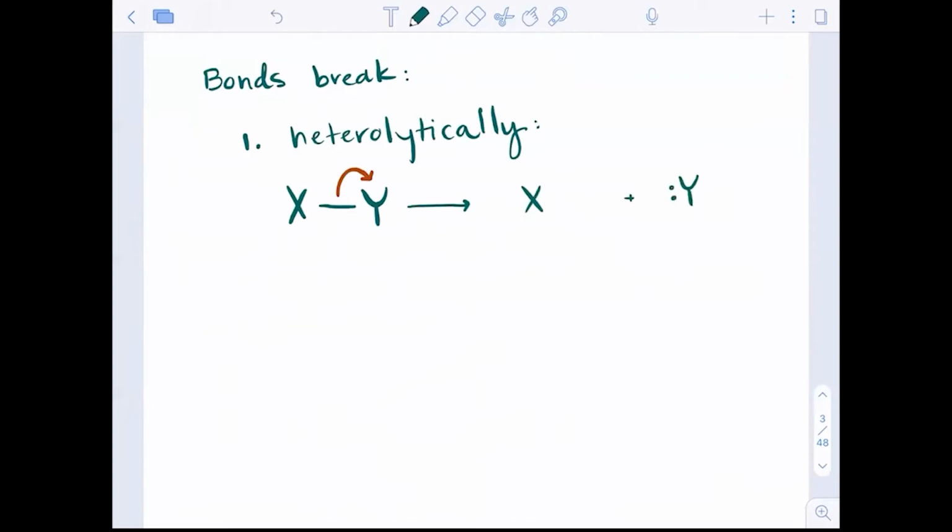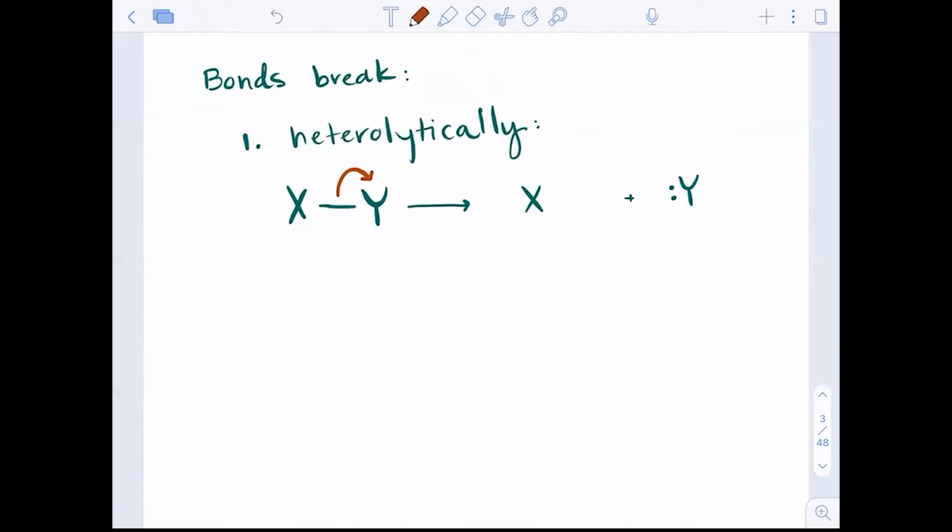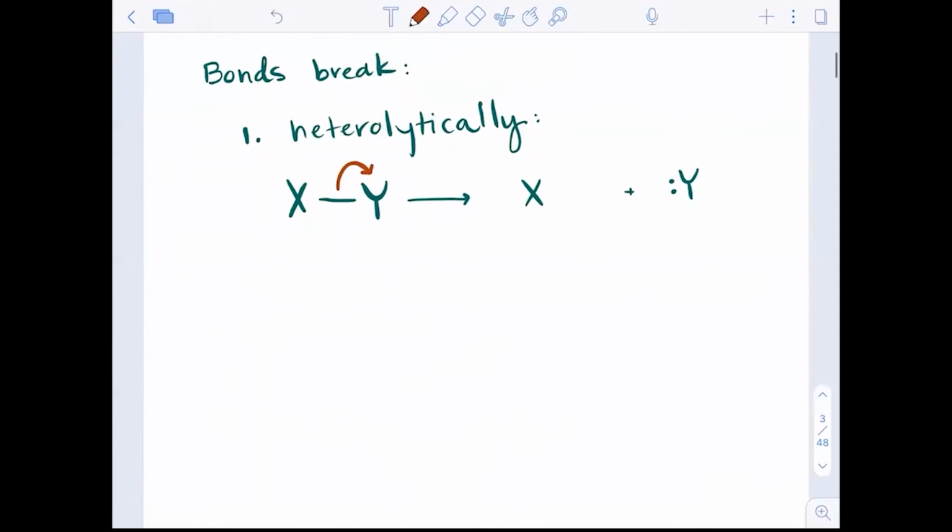So two electrons moving at once, and the bond will become a lone pair on one specific atom of that bond. What this makes is ions. We saw a heterolytic bond cleavage in acid-base reactions. And so with these ions that are forming, we are breaking the bond with 2 electrons moving at a time.